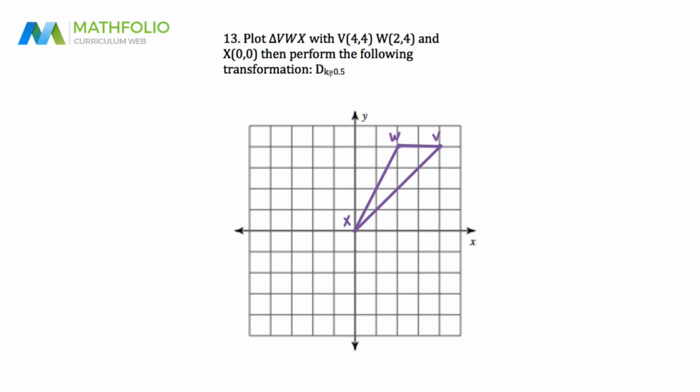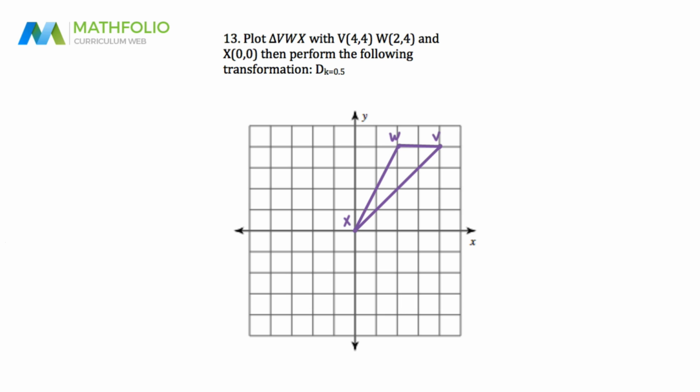It says perform the following transformation, dilate with a scale factor K of 0.5. So what this means is, especially because we don't see a point after this, we're dilating with the center at the origin. If we were given a point, we would have to do a few other steps. This is slightly easier.